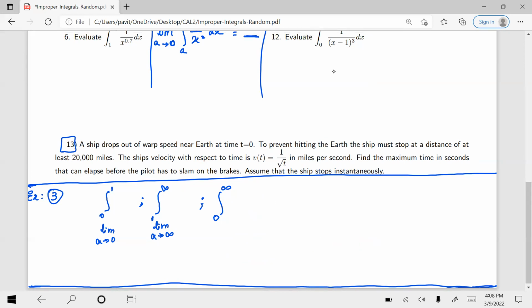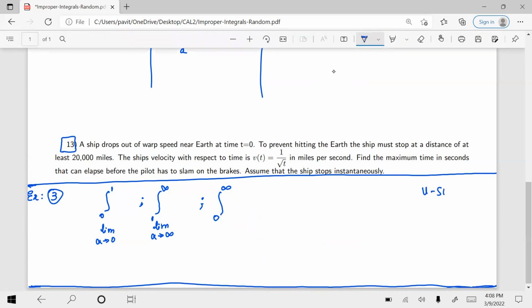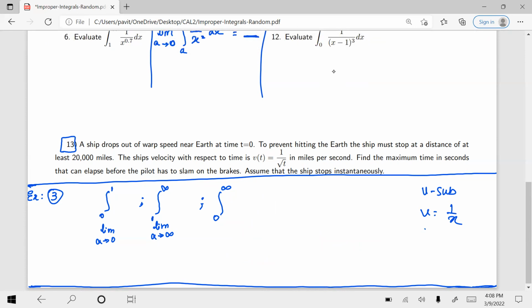Okay, but you have one u substitution that will change the limits, because if you put u equal to 1 over x, let's say, then when x is infinity, u will give me 0. That will work, right?